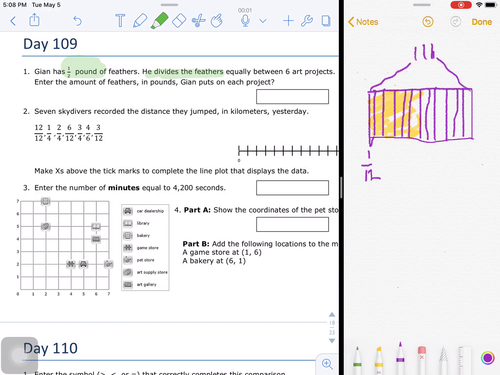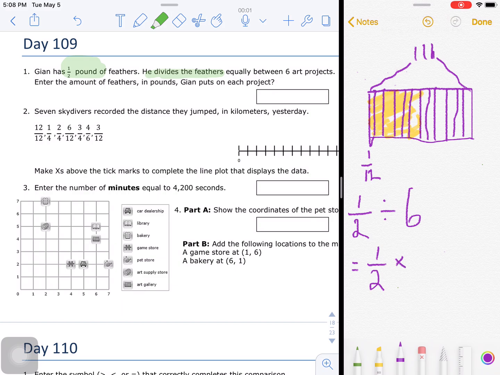So if I was to set up the equation, my dividend is 1/2, that's what's being divided, and my divisor is 6. And we know that when we divide fractions, it's like multiplying by what we call the reciprocal.